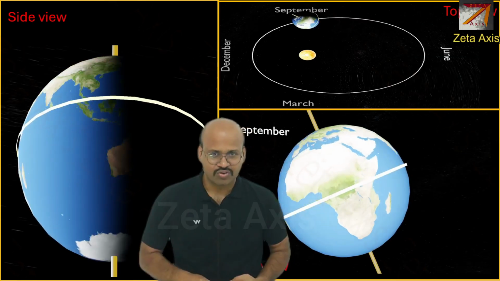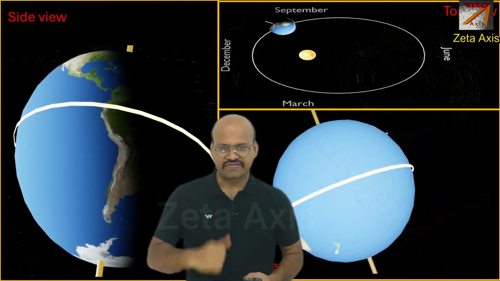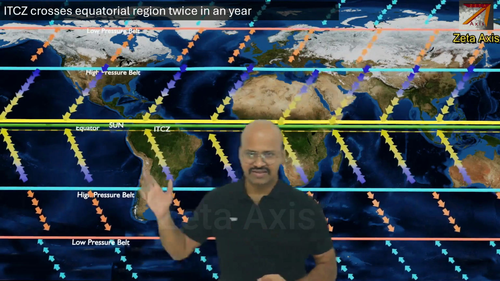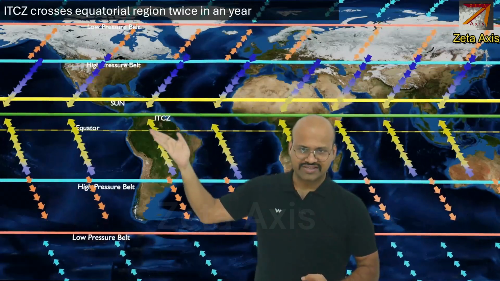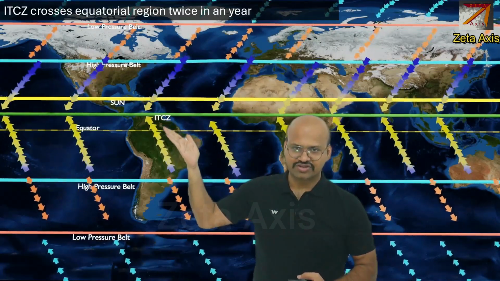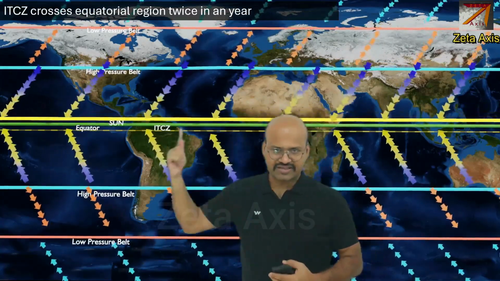So this is how the sun changes its position relative to Earth's surface. Now, if we look at this diagram, we can clearly see the sun is moving. Along with the sun, the ITCZ also moves. ITCZ is the intertropical convergence zone, where air from both hemispheres meets and rises up. This area is cloudy.